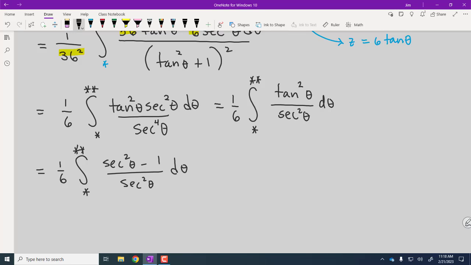And strategy now: we will split the fraction. So this will be the integral of secant squared goes into secant squared once. And what is 1 divided by secant squared? Cosine squared. So we'll end up with 1 minus cosine squared, which is sine squared.